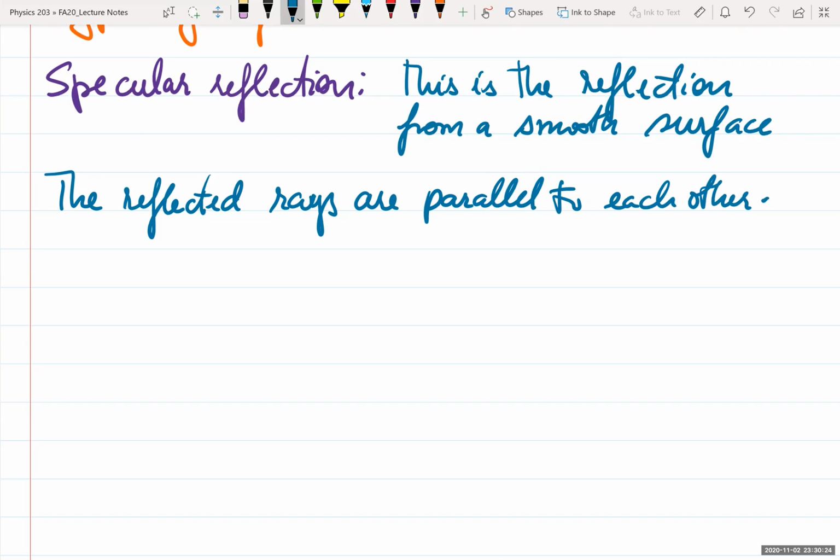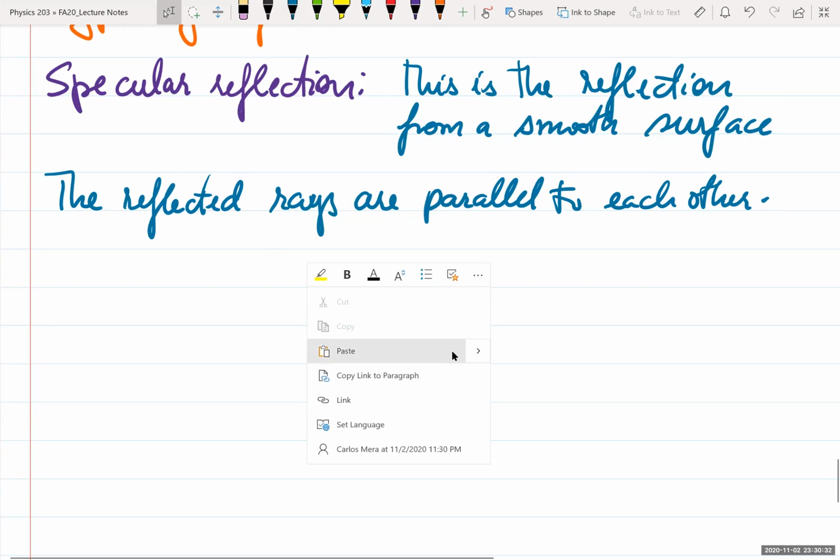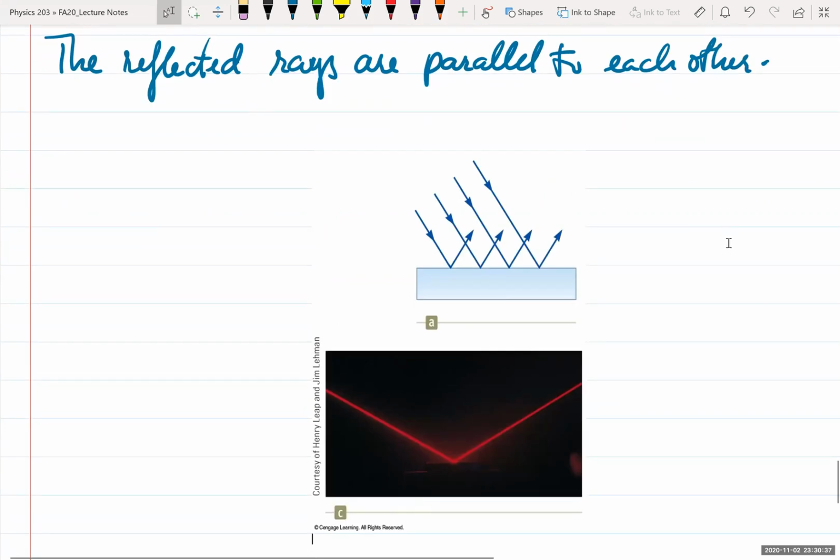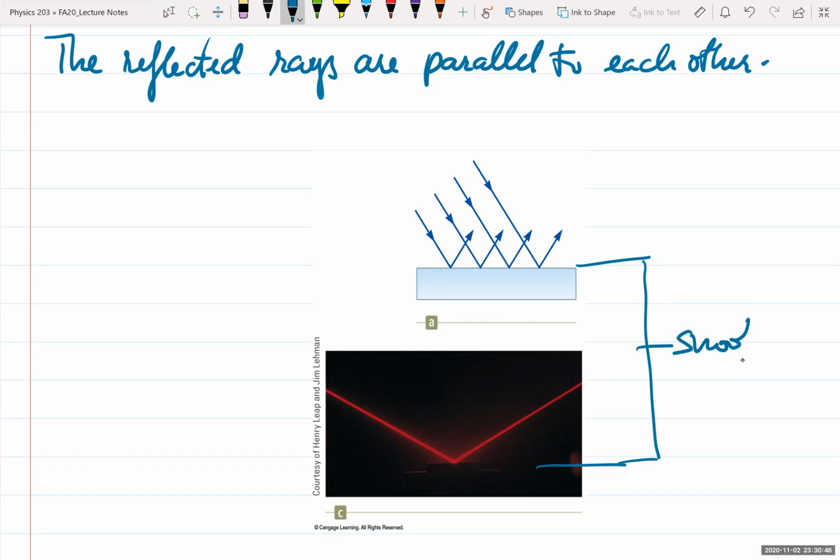Okay, so let me bring you a picture. This is again from the PowerPoint, slide 10. So here, this is a smooth surface, both of them. And as you can see, the rays are parallel to each other.